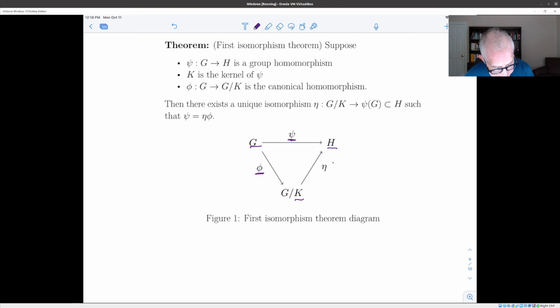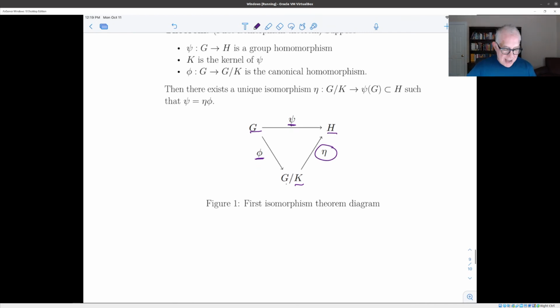The only thing in this diagram which we don't know is eta. And eta has to take a coset from g mod k and map it to an element of h. And the condition is supposed to be that this diagram commutes. In other words, we need to have the equation psi of g equals eta phi of g. That's the condition.